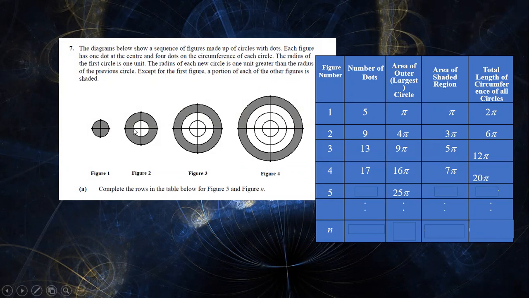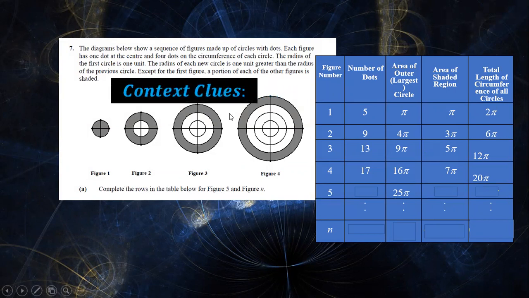Okay, interesting problem. Complete the rows in the table below for figure 5 and n. So these are the rows here, for figure 5 and figure n. You have to complete it. Most important thing is to get context clues. Context clues is to observe the pattern that came before and then use that pattern to predict what is about to come.